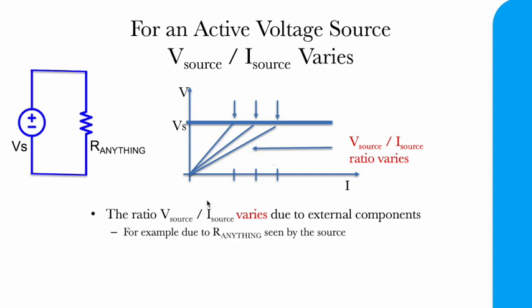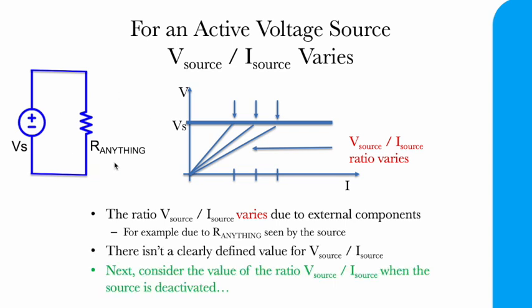That's due to the external components, symbolized by R anything. Thus, there isn't a clearly defined value for this ratio here. That is in contrast to the resistor, and this is the case when the voltage source is on or active.